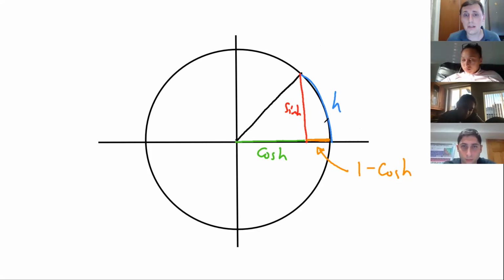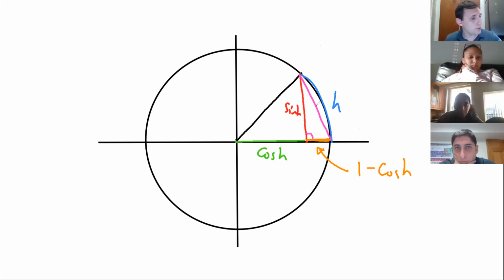And then what is this arc? So this is a hypotenuse of a right triangle. You agree? And this pink line segment is going to be eventually very similar to h. It's smaller than h, but in the limit, it will be very similar to h.